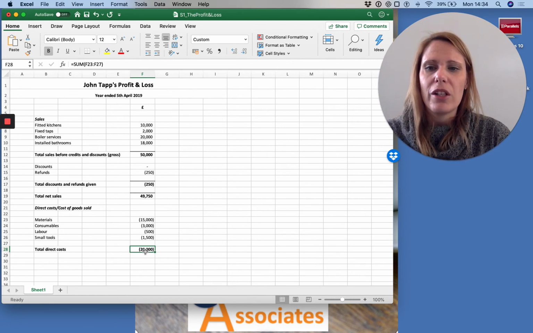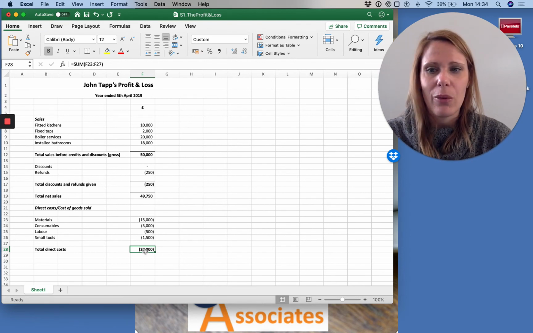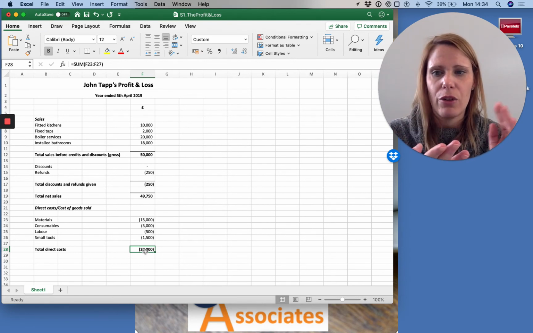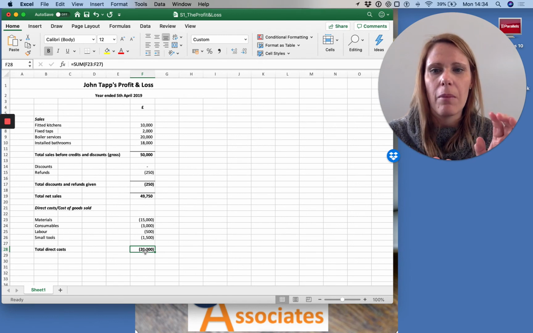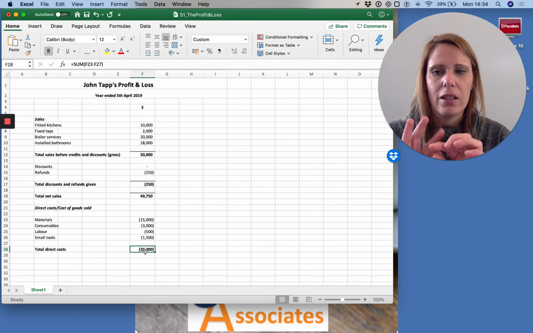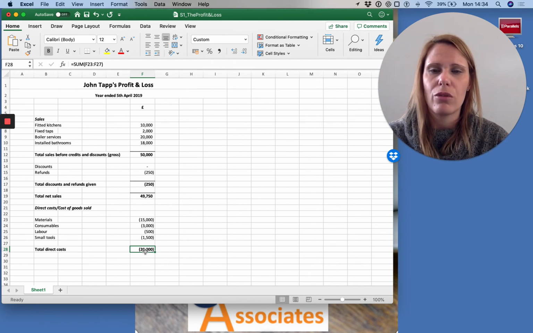From what we're looking at today, it's important that you understand your different headings of direct costs, and how you can total them up to give you a total direct costs or total cost of goods sold in your accounts.